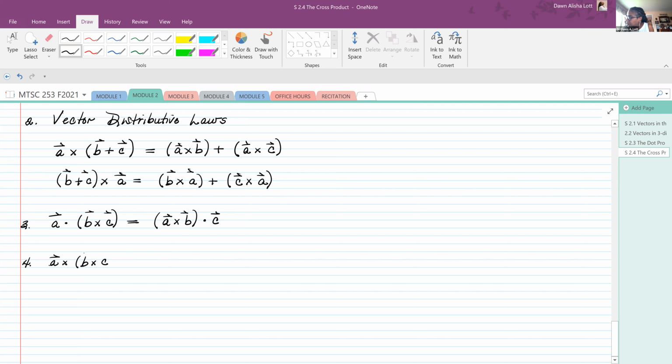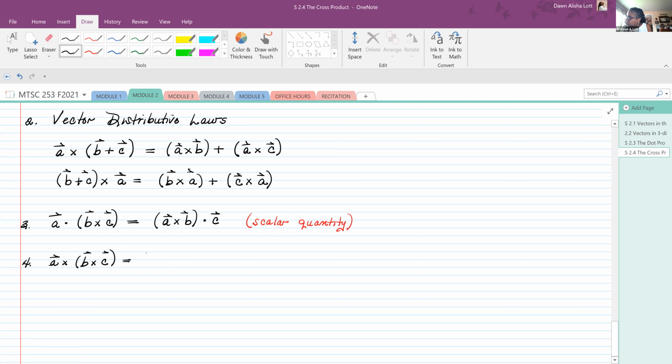A cross B cross C. So now here, this is a vector dot a vector. So this is a scalar quantity. Whereas this is a vector cross a vector. And when you cross vectors, you get back a vector. So this is going to be a vector quantity.